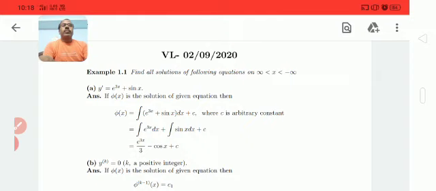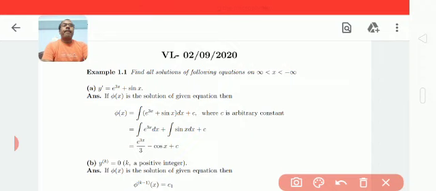The first example is y dash equal to e to the power 3x plus sine x. So we have to find the solutions of this differential equation, which is a first order linear differential equation.